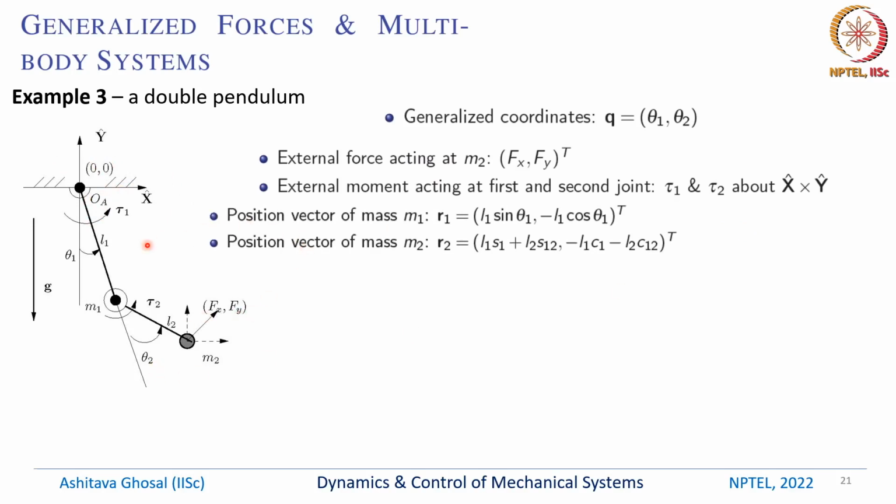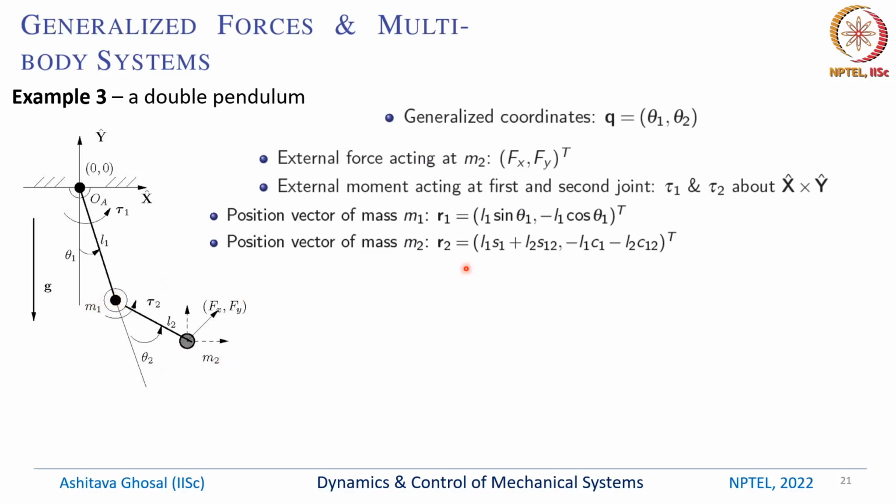The position vector of this mass M1 is denoted by R1. It is L1 sin θ1, minus L1 cos θ1. You can see that the y coordinate is minus L1 cos θ1 and the x coordinate is L1 sin θ1, this perpendicular distance.